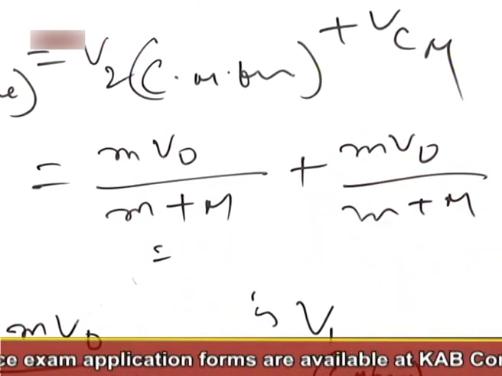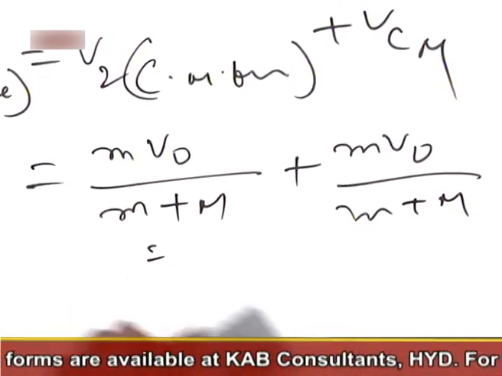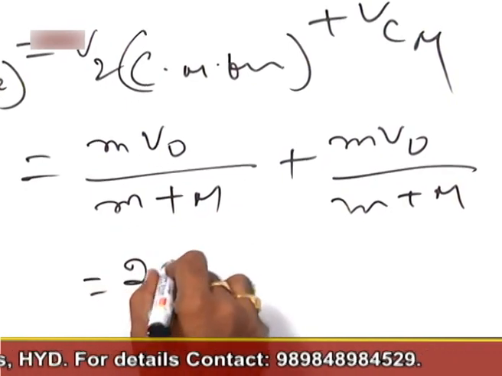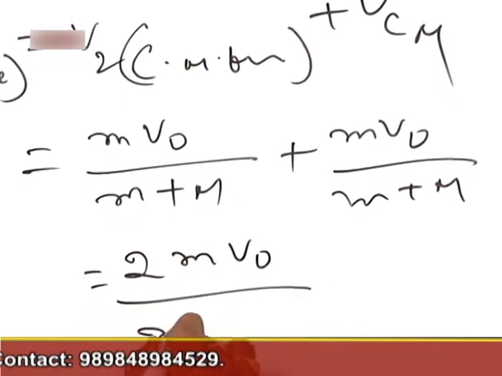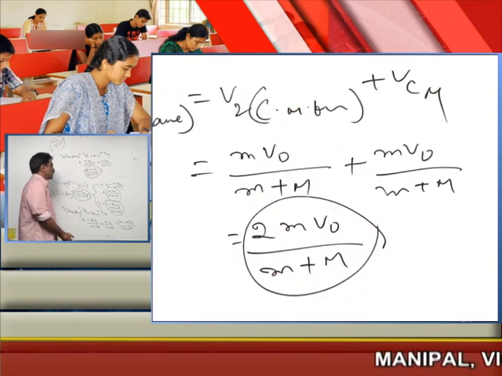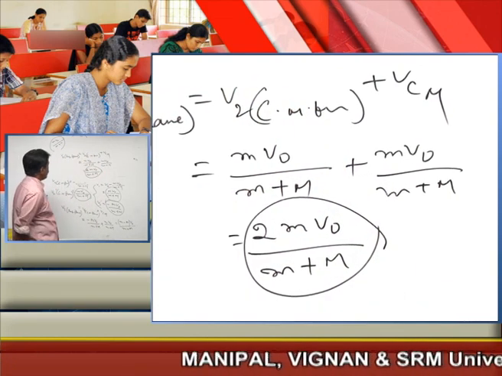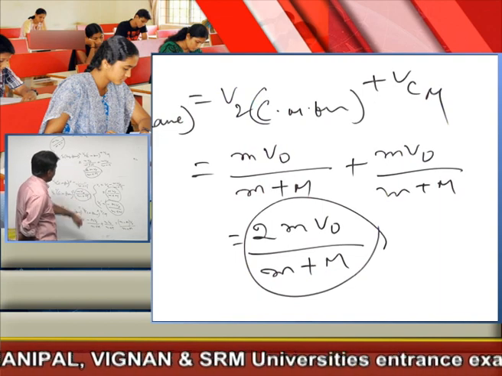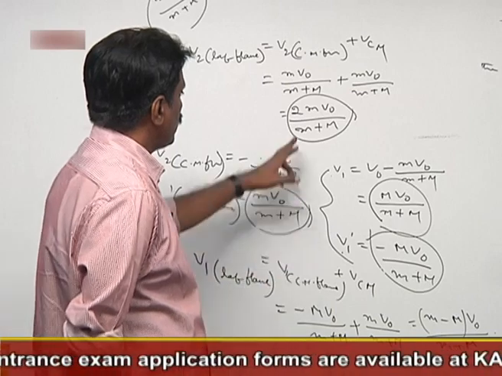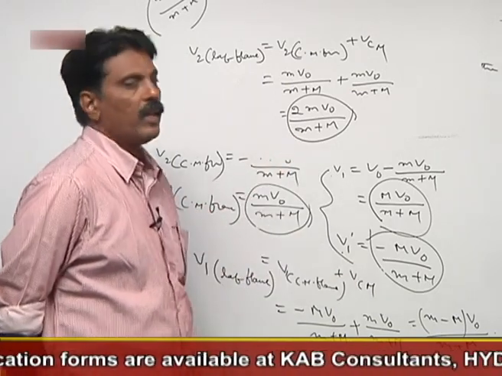So that would be equal to 2 mv naught by m plus m. So the velocities of the two particles in the normal frame are given by m minus m into v naught by m plus m, and 2 m v naught by m plus m.